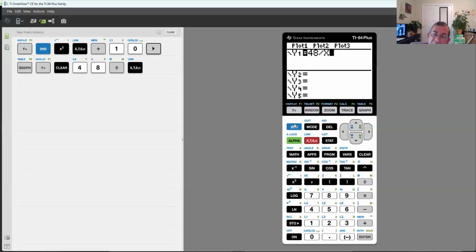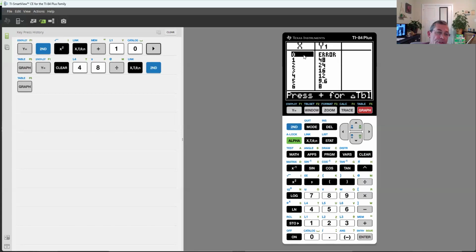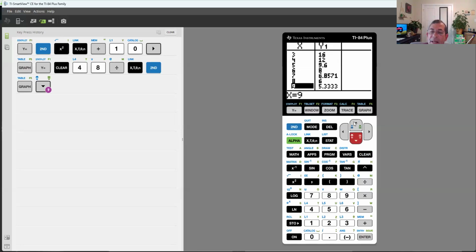Now, when I go to the table by hitting second graph, notice 0 is not a factor, but you got 1 and 48, 2 and 24, 3 and 16, 4 and 12, 6 and 8. And if you need more, you can just go down and see that it starts repeating like 8 and 6 and stuff. So I pretty much got all the factors right here.